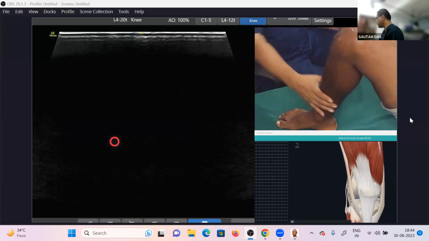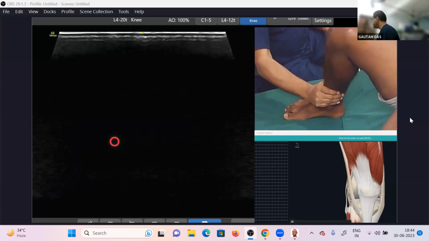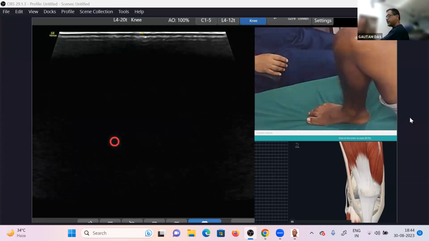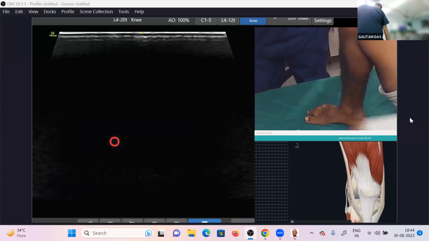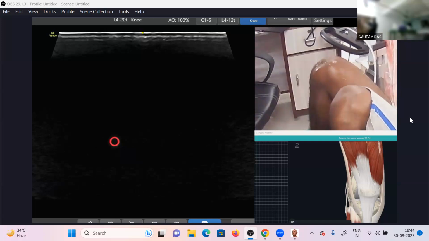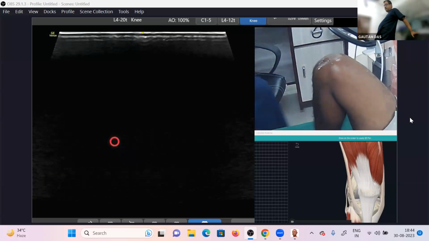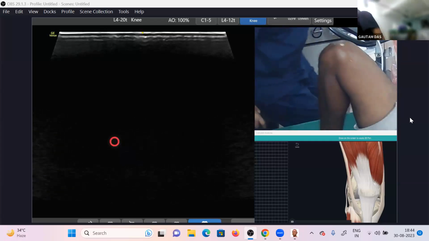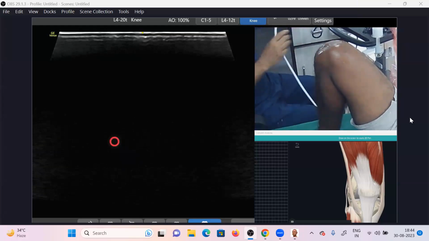So again, I have to adjust this. I have to change my camera, otherwise I understand that you are unable to see it. The knee should be maximally flexed, otherwise you won't be able to see.